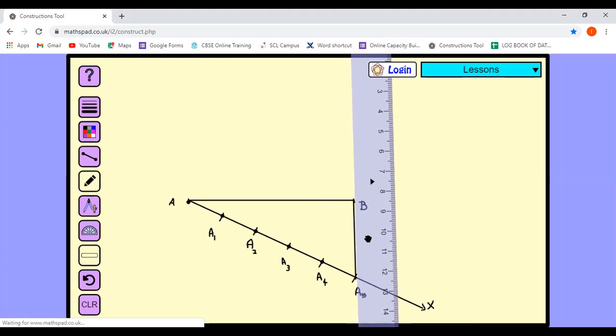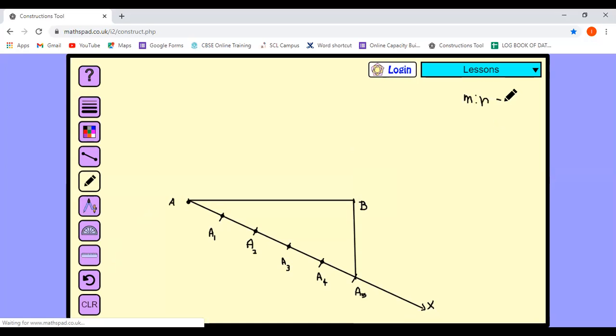Okay, so now we have joined A5 and B. Okay, now the ratio given to us was m is to n, which is 3 is to 2. That's why 3 plus 2, 5 arcs we have taken and we joined A5 and B.